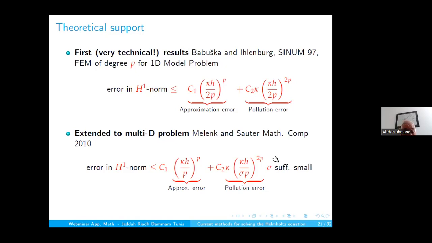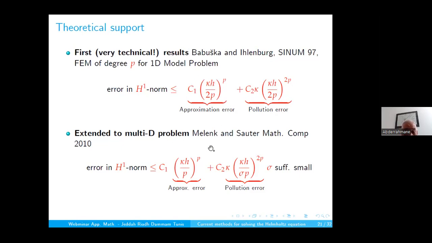And you can understand why high order methods eliminate the pollution error, because in a second paper in 1997, Babuska and Ihlenburg, for the model problem, have proved that the error is dominated by the approximation error, and for p sufficiently large, this term becomes dominated by the approximation error.